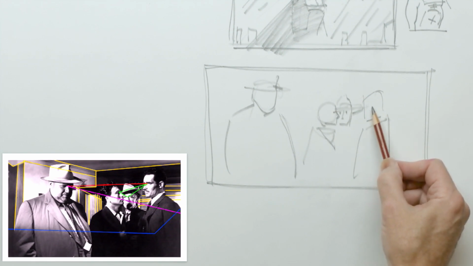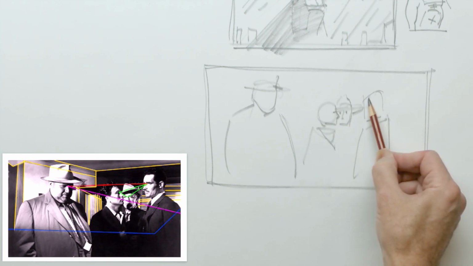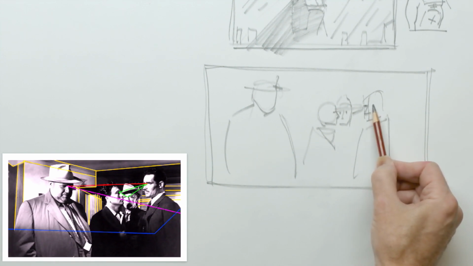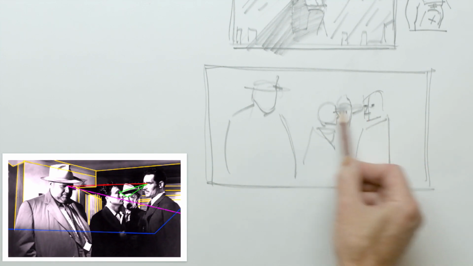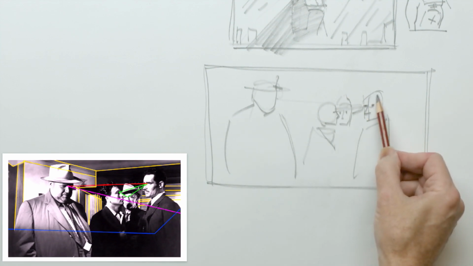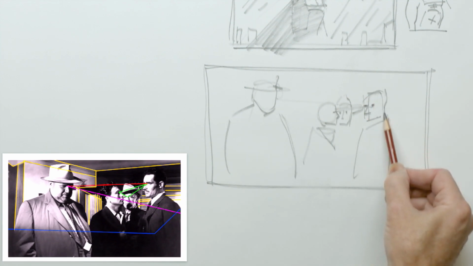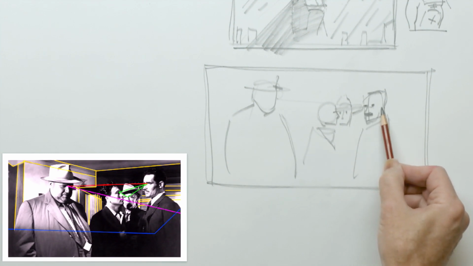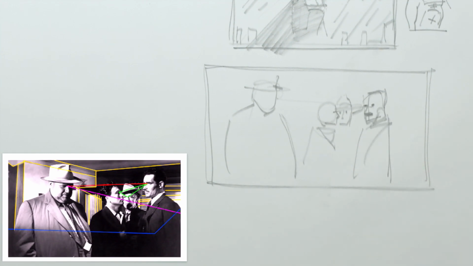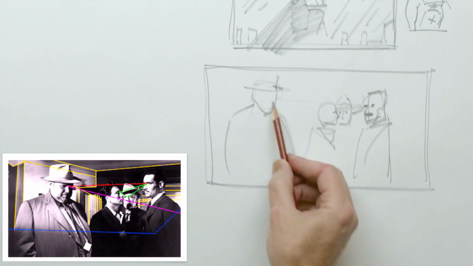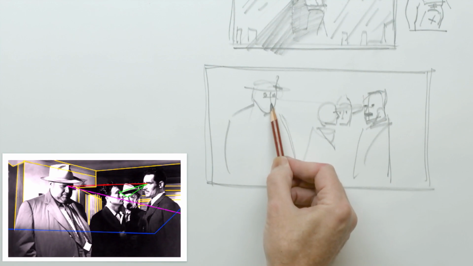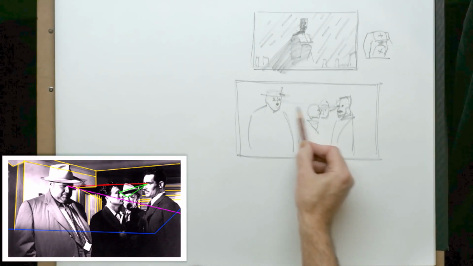Charlton Heston is not looking at him. Charlton Heston is actually looking over at Orson Welles over here. He's looking at him over here. Okay? And Orson Welles is looking on. He's looking out this way.